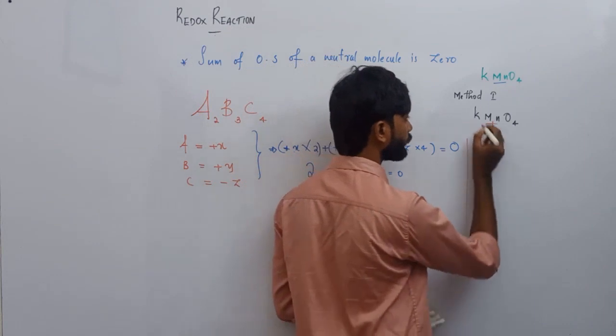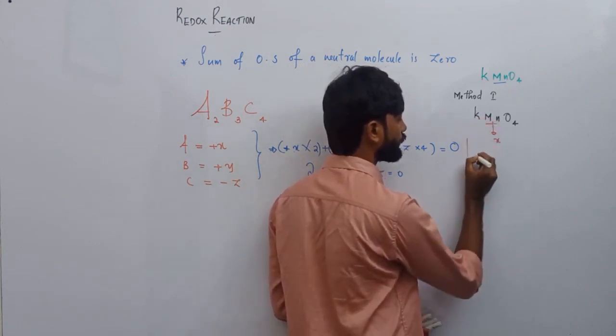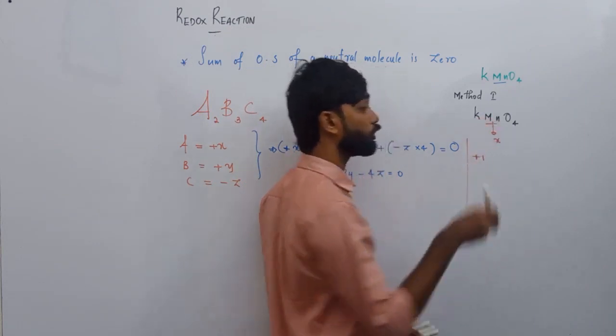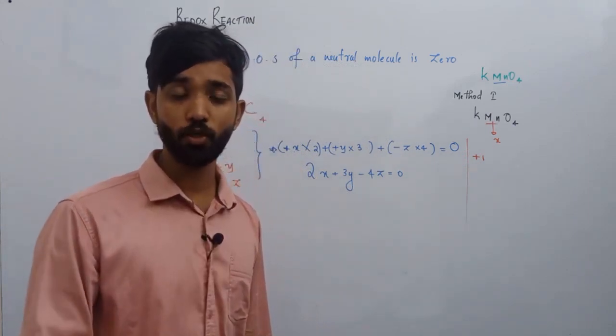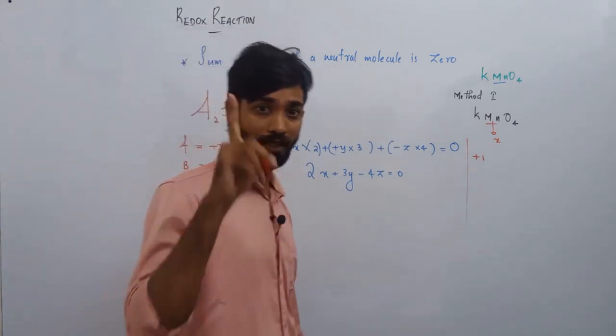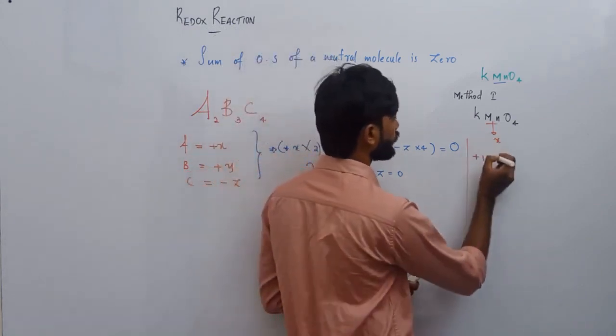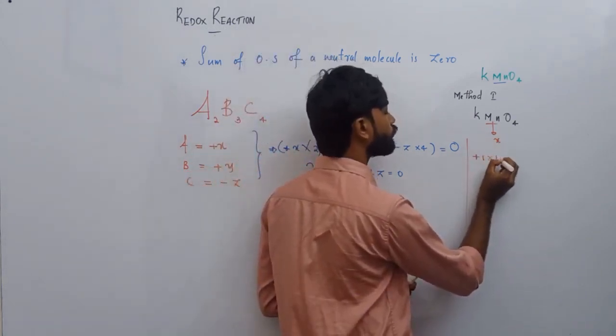Using that concept, the first species, potassium, has an oxidation state of +1, because potassium is a first group element, as I already discussed. So +1 into the number of potassium, 1.